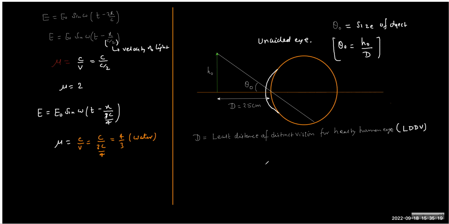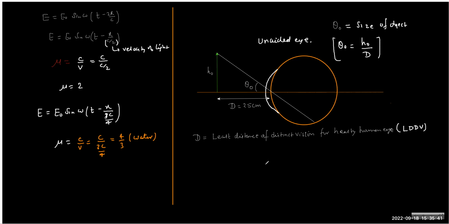So the goal is to increase theta without making it blur. It means we want our image to subtend a bigger angle than theta naught, and still be away from the D value. I hope this part is clear. What is our goal?